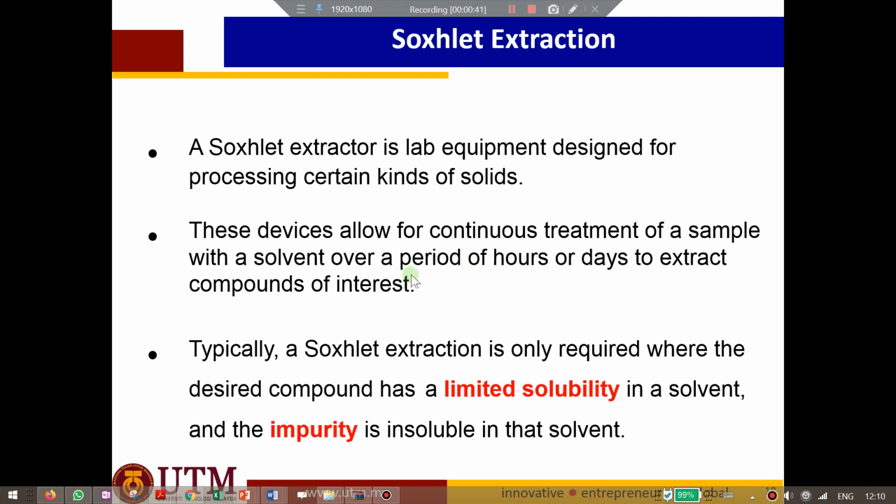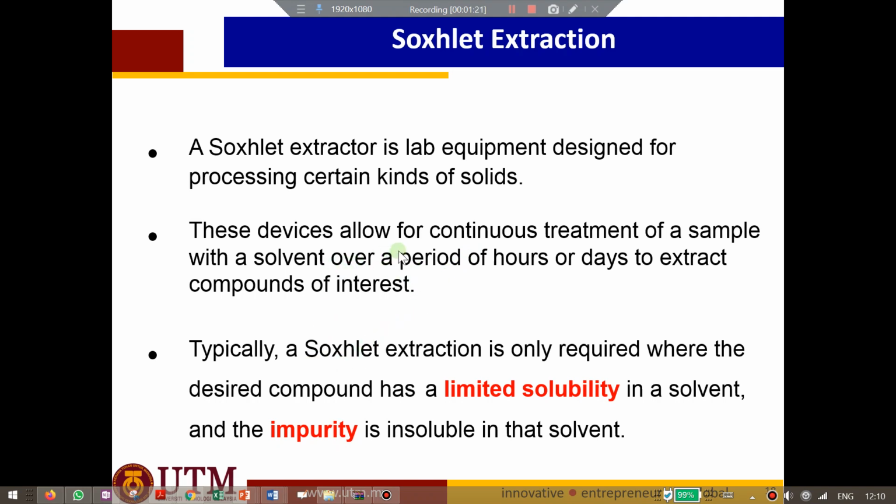For extraction using a solid sample, it is much more efficient if we use continuous treatment or continuous extraction, as we already discussed before. Because in a solid sample, the difficulty of extraction is much higher, so we need a better and more efficient method. Continuous treatment is one of the best methods we can do.